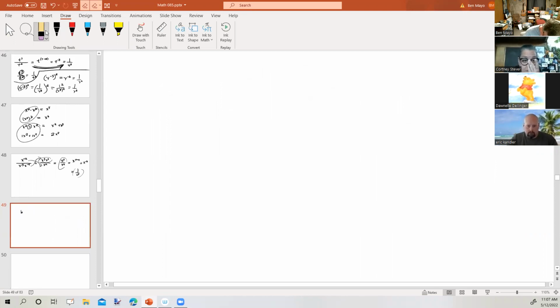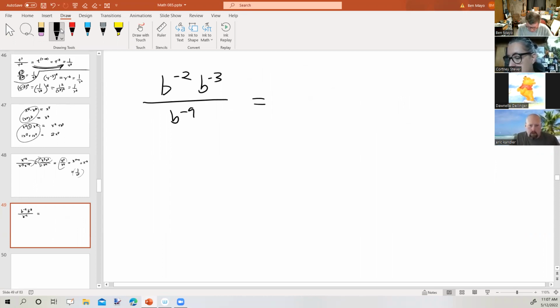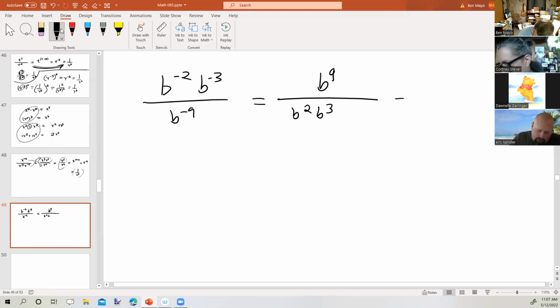That's supposed to be a B. B to the negative 2, B to the negative 3, B to the negative 9. So this could be written as B to the positive 9 over B squared B cubed, moving everything to the other side to make the exponents positive.